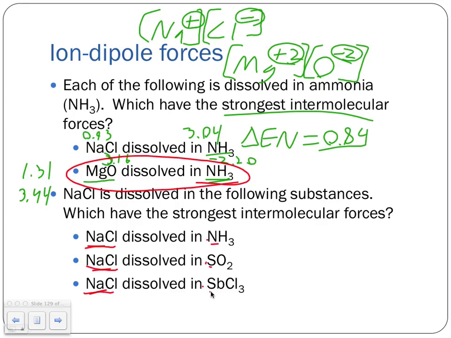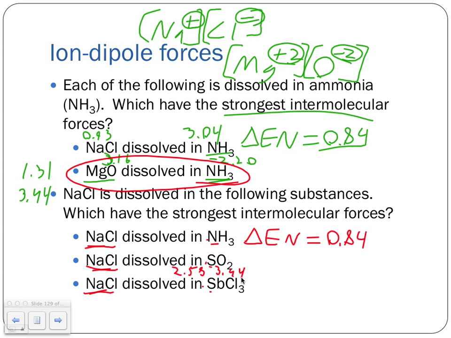So NH3, we already figured that one out, has an electronegativity difference of 0.84. And so we can compare that with the electronegativity difference on these other guys. So let's look at SO2. Sulfur is 2.58, and then oxygen has an electronegativity of 3.44.